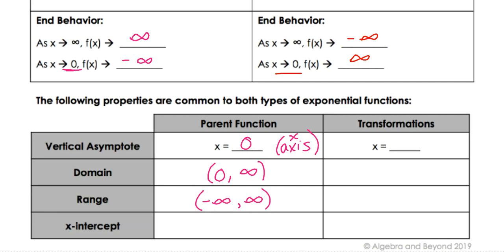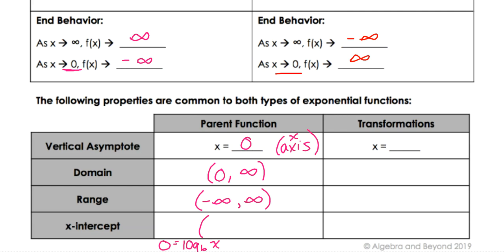And then for these functions, since they are restricted in their domain, we're going to focus on their x-intercepts because a lot of times they don't have y-intercepts. So the x-intercept for the parent function, remember this is log base b of x. If I'm looking for the x-intercept, I'm trying to figure out when that log will equal 0.